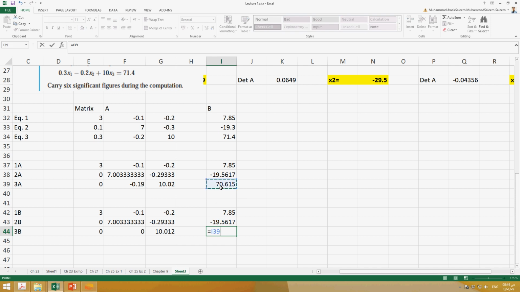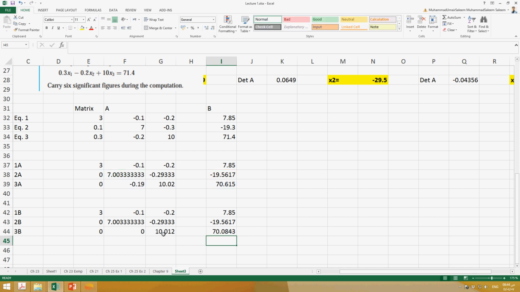Simple: this minus this cell multiplied by 0.19 and divided by this, so it will become okay.